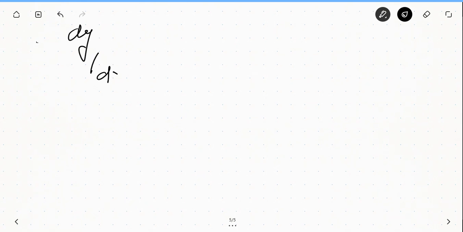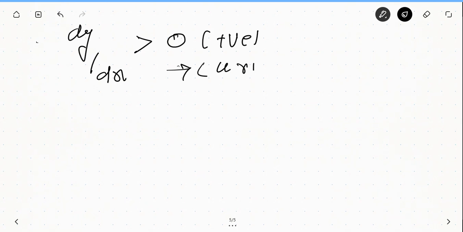If dy by dx comes to be greater than 0, meaning it is positive, then we will say that the curve is increasing. Okay, that is the first point.